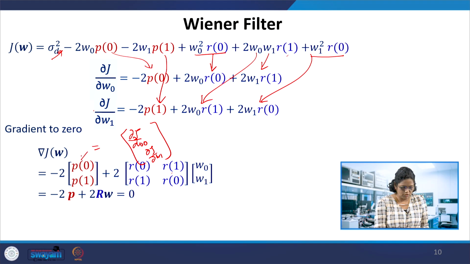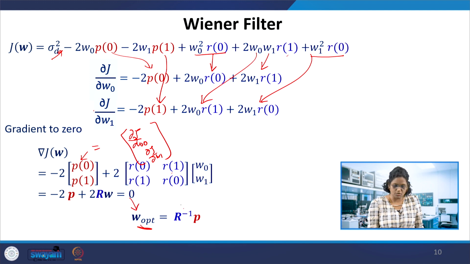So we know p0 and p1 are P, and R is this, and W. So this gradient is minus 2P plus 2RW equal to 0. If we equate this, 2RW equals 2P, the 2 gets cancelled, and W is equal to R inverse P. So we get it from this equation.